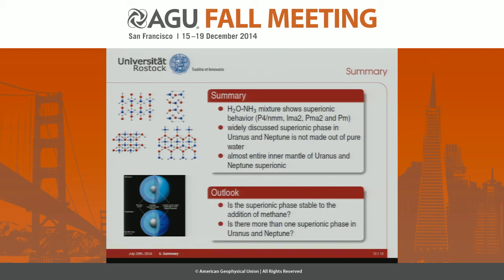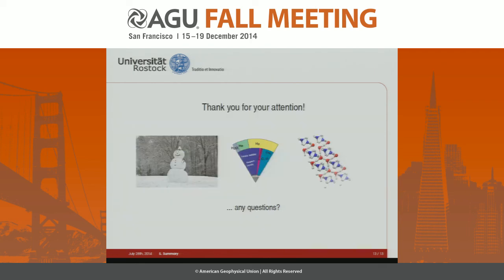For example, you could think of a water superionic phase and then a water-ammonia one, or are there different phases, is there a phase transition as was predicted for water? With this, I'd like to thank you, and if you can't remember anything from my talk, please just remember this: I'm doing ISIS for hopefully the interior of the planets. So thank you.